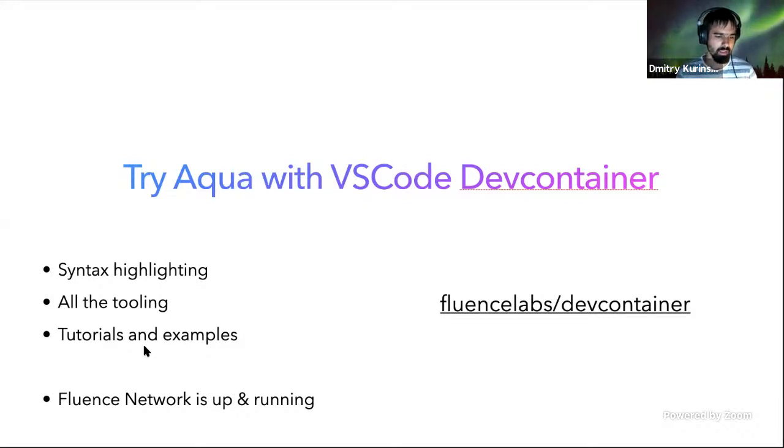And it contains many tutorials and examples, including those that I've just shown. And the Fluence network is up and running. It already has IPFS daemons, and you can run the node yourself if you want to, or you can use the nodes provided by the Fluence Labs.